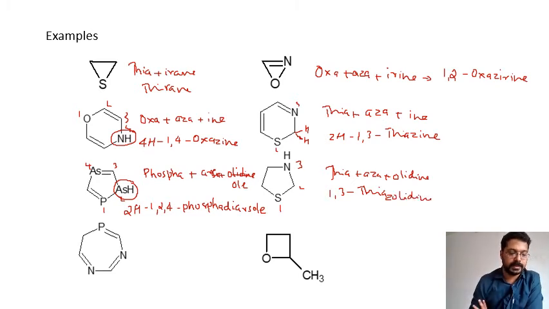Okay, if you take the seven-membered ring, that is epine: aza plus phosphor plus epine. You can see at this position there is an indicator hydrogen. So you can write number 1, 2, 3, 4, 5, and 6.